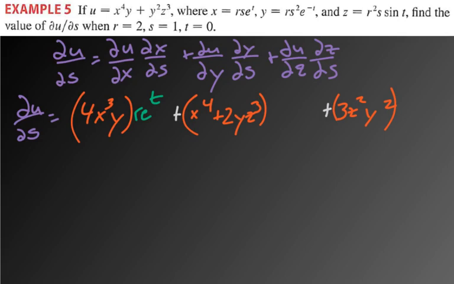And then if I do y with respect to s, I'm going to get 2r s e to the negative t. And then the last partial of z with respect to s, I would get just r squared sine t. Okay.